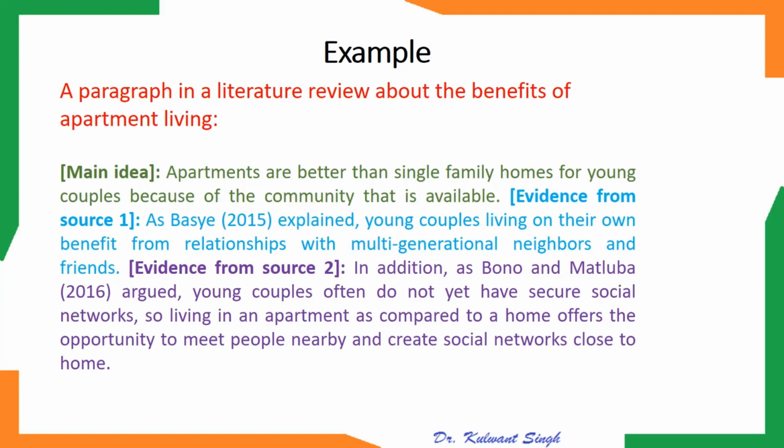Then the second evidence from the second source: in addition, as Bono and Matluba 2016 argued, young couples often do not yet have secure social networks, so living in an apartment as compared to a home offers more opportunity to meet the people nearby and create a social network close to home. This evidence is also interconnected with our main idea, right? Now we have given the main idea, then we support our idea with two evidences.